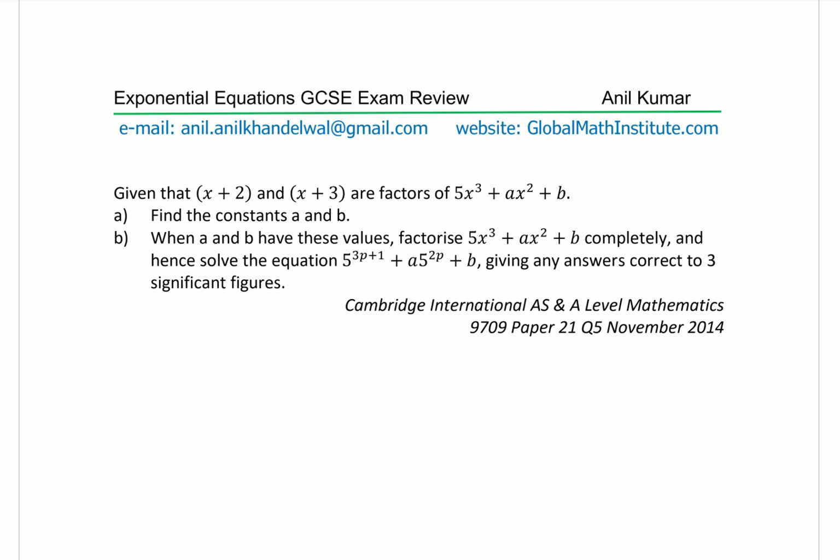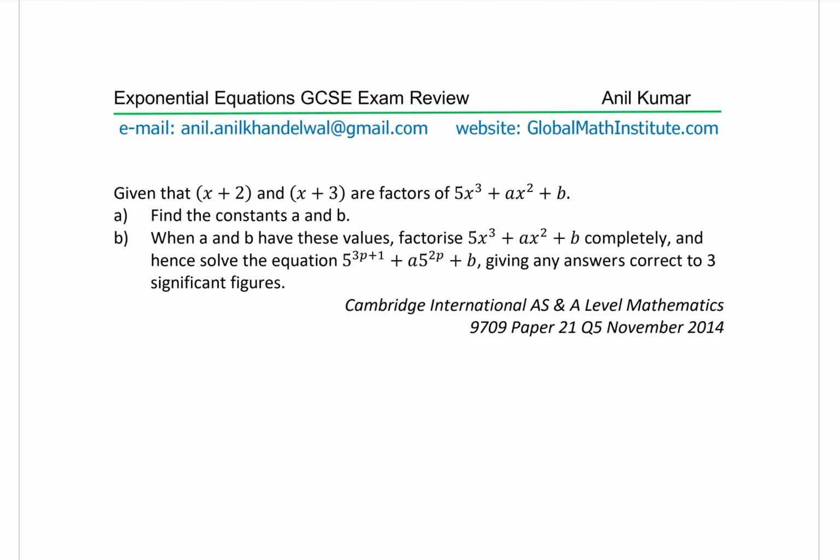Now, the very first thing which you notice here is that GCSE examination questions normally involve more than one concept. So we need to begin with polynomials in this particular case, do division to get the values of a and b, since we are given two factors and a cubic equation there, right? Once we find the equation, we get the parameters a and b.